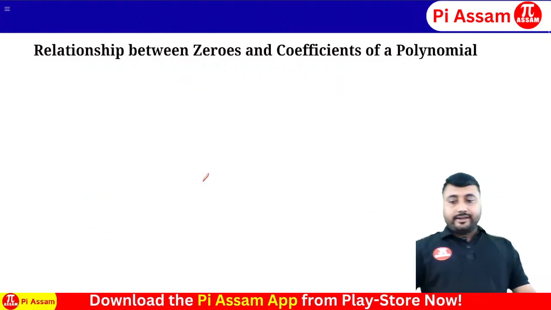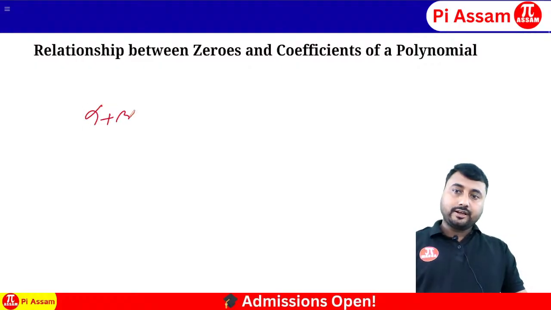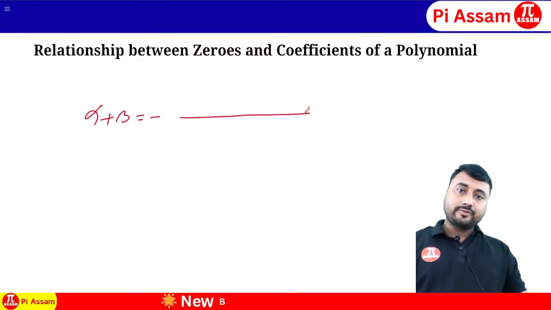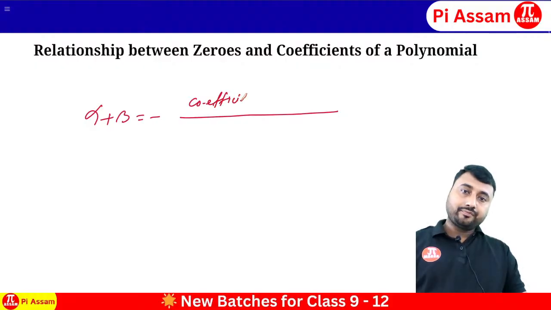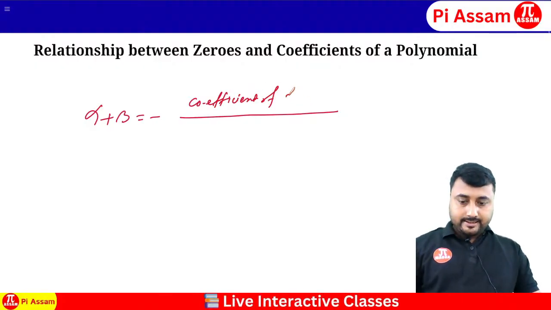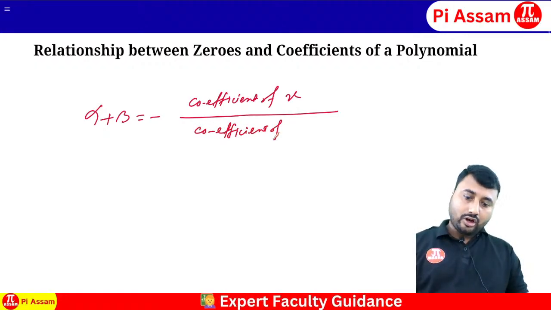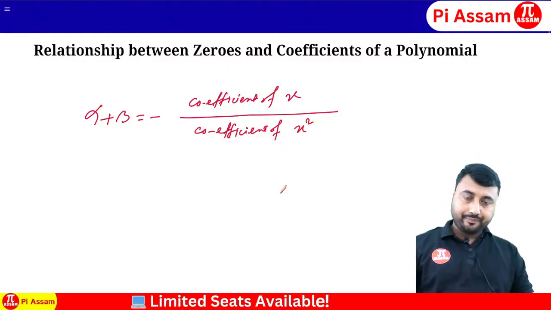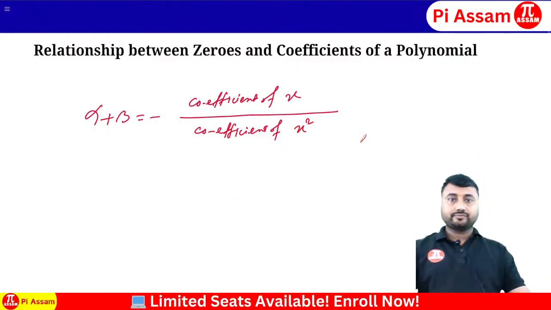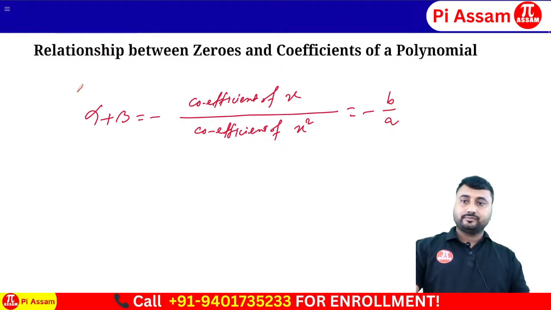So finally we can write alpha plus beta is equal to minus coefficient of x divided by coefficient of x square, which is equal to minus b by a.